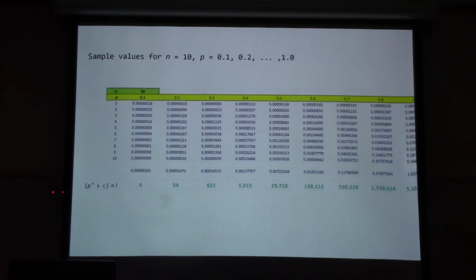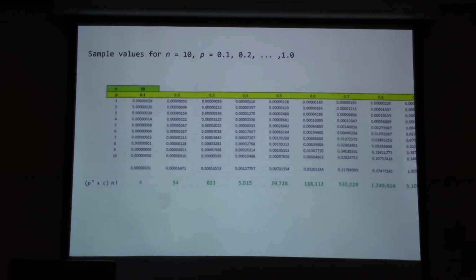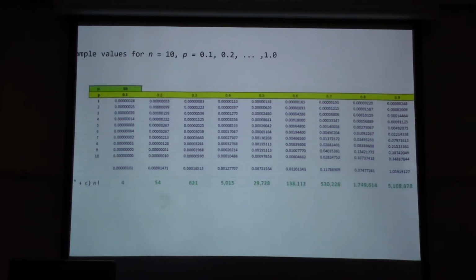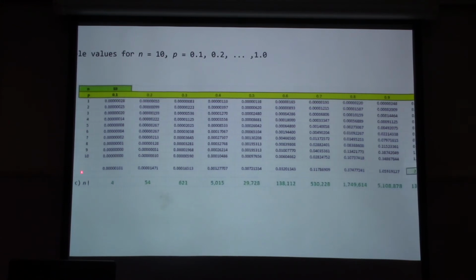Down here is p to the n plus C times n factorial, where these 10 values are the summation of all the bracket terms, the C. So this is the C component. Then I take p to the power of 10 plus C times 10 factorial. When I do that, these are the values that I get. With the probability being 10%, I only get 4 unique permutations expected.